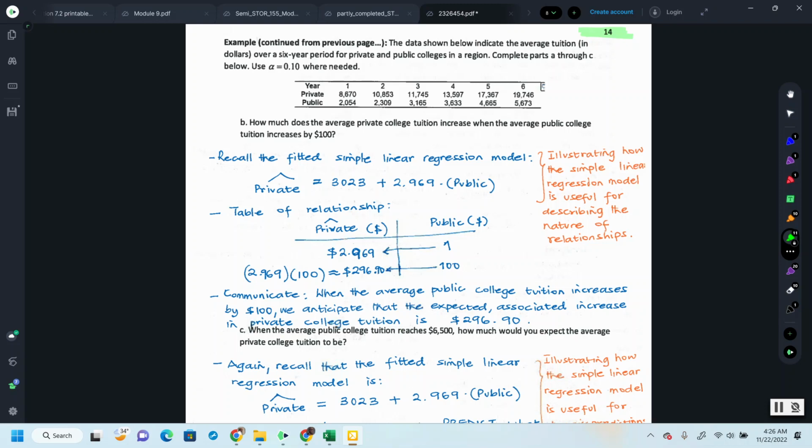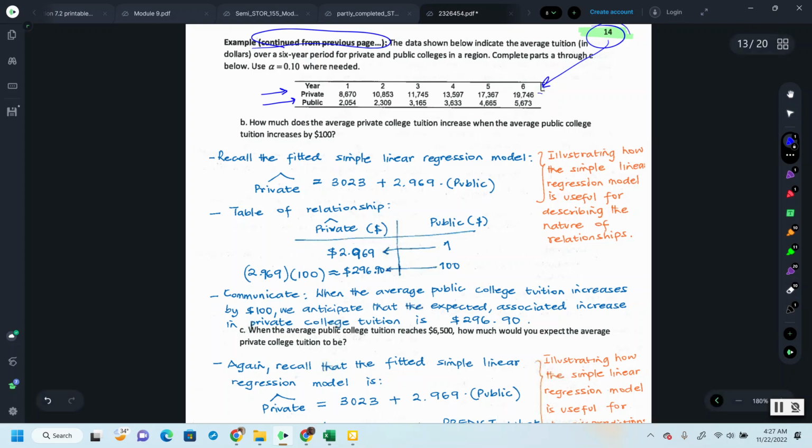In this video, our goal is to begin on page 14 of our notes. Here is a quick reminder that the question we're solving on page 14 actually continues from page 13, where we were talking about the data collected on private and public college tuition.